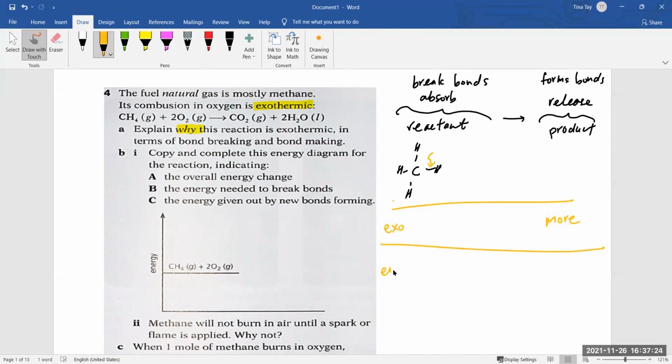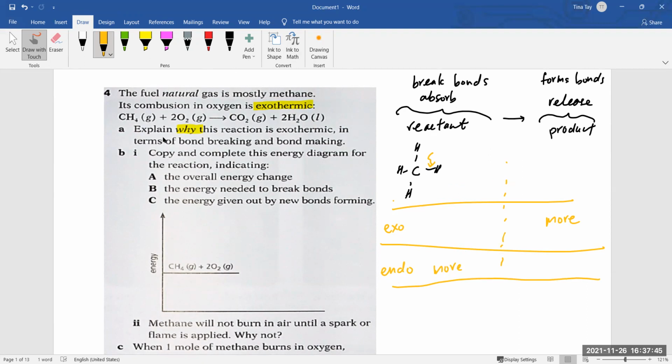For an endothermic reaction, this one is more. Can you see the difference? Okay, so for an exothermic reaction, more heat is released. For an endothermic reaction, more heat is absorbed. So you just have to be able to explain that.